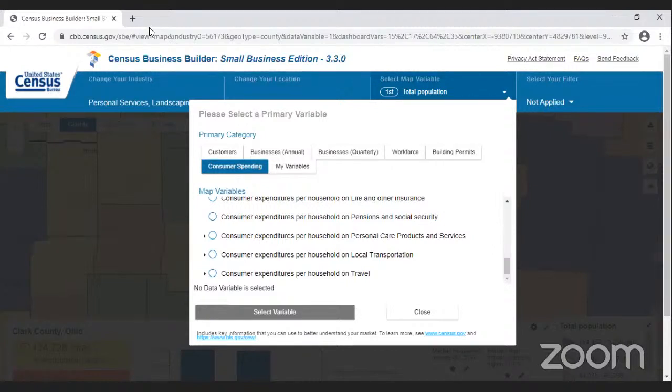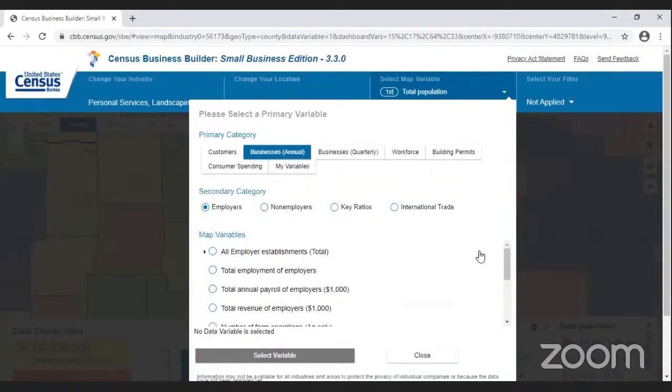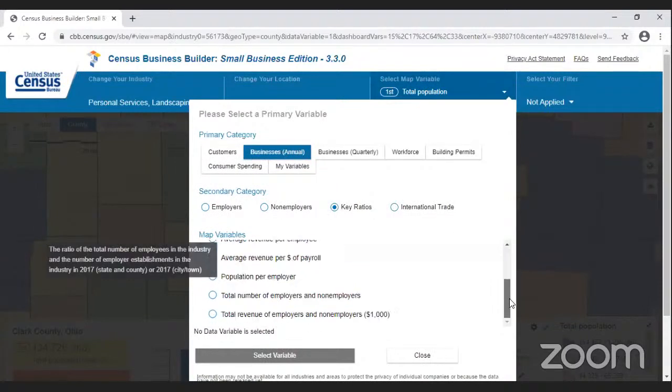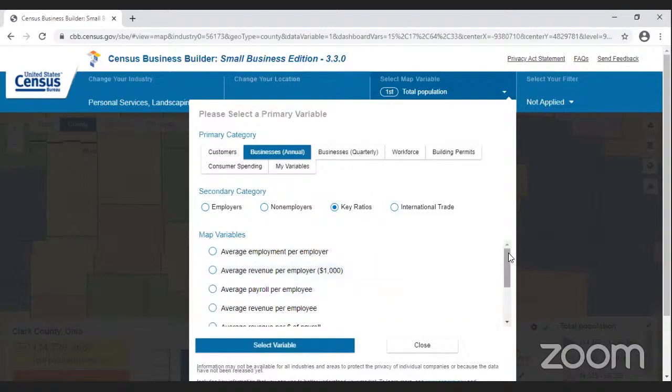Okay, let's see. I'm going to go ahead and choose businesses, and I'm going to say I want to look at the total number of non-employers and employers together for landscaping.